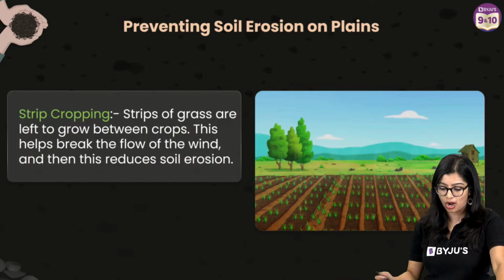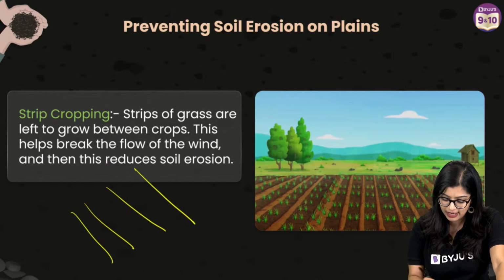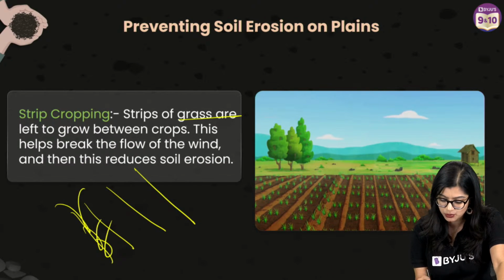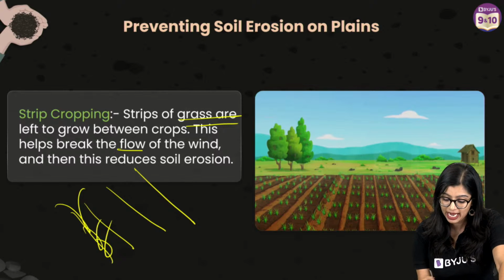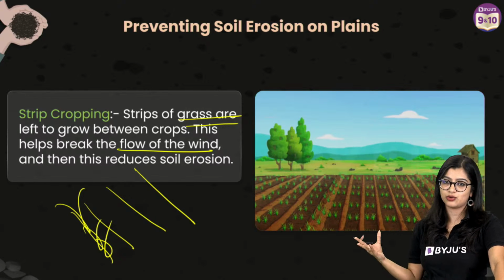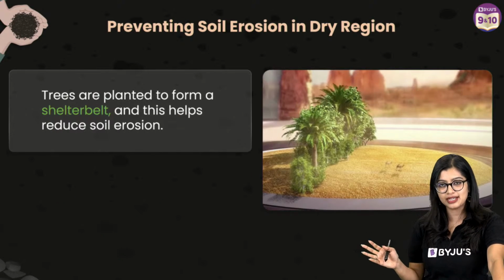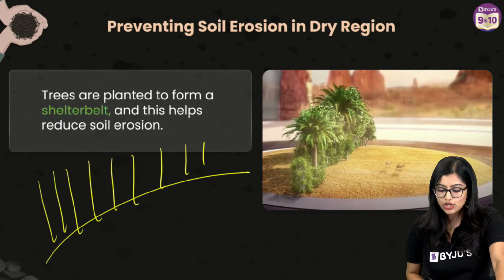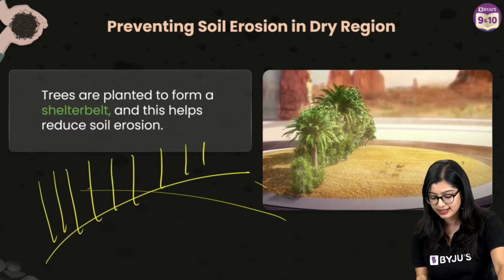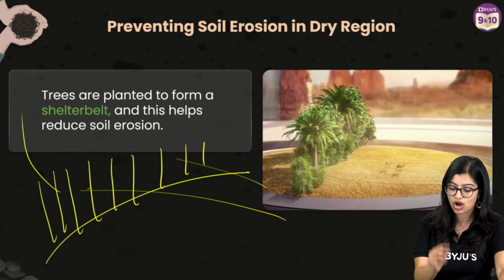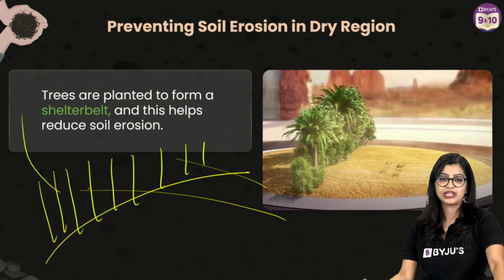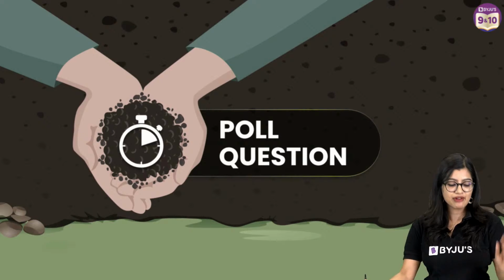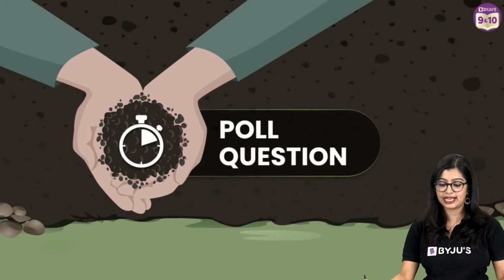Then you have strip cropping, where you have strips with grass allowed to grow in between. This breaks the flow of the wind and reduces soil erosion. Then you have shelter beds, especially in arid areas, where you plant a lot of trees so that they break the flow of wind and do not allow soil erosion. Yes? With this, everybody, we are done with today's class.